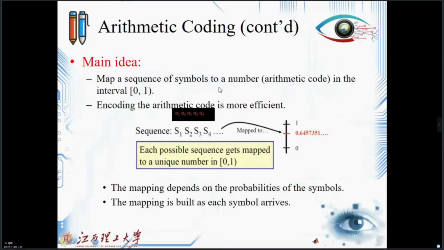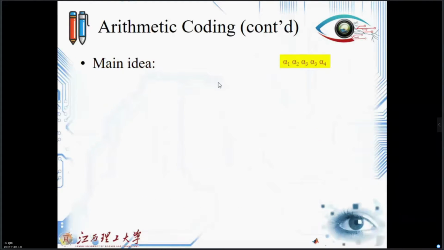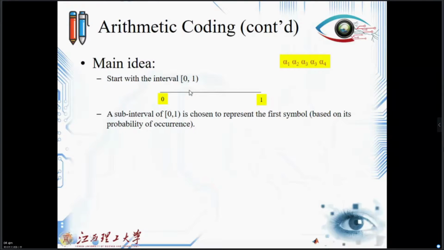Let us continue this method. You see that the main idea is something like that. We have the parameters alpha 1 to alpha 4, and we will start within the interval of 0 and 1, as you will see. See the next step. A sub-interval of 0 and 1 is chosen to represent the first symbol based on its probability of occurrence.